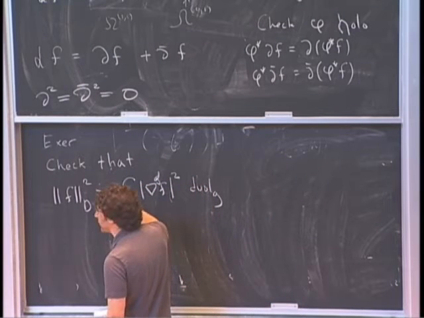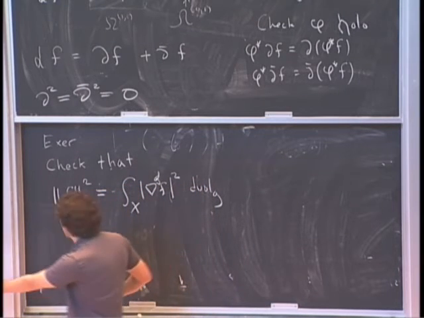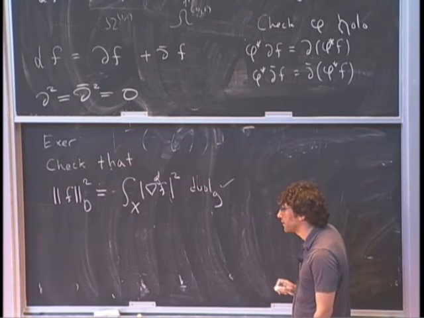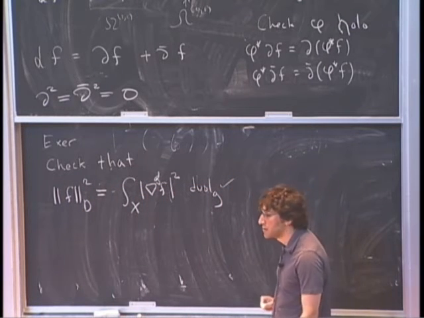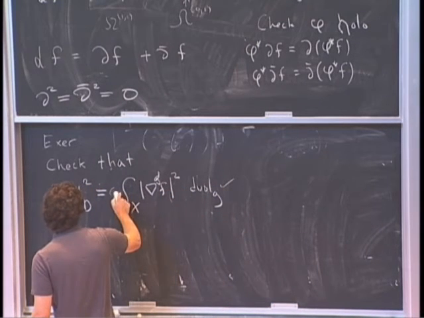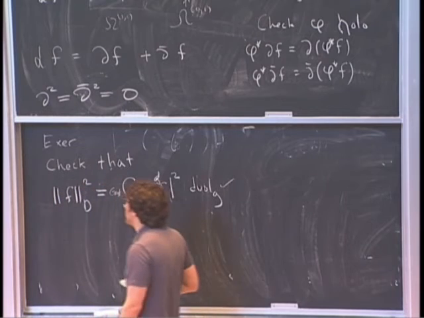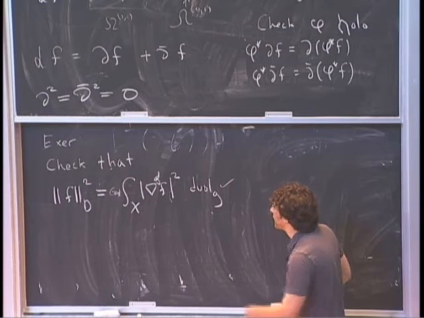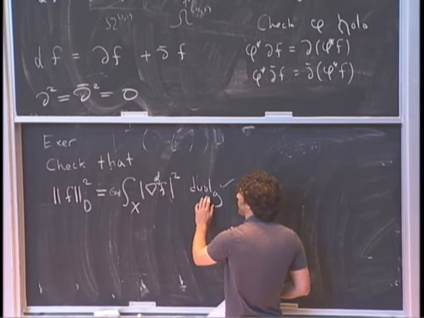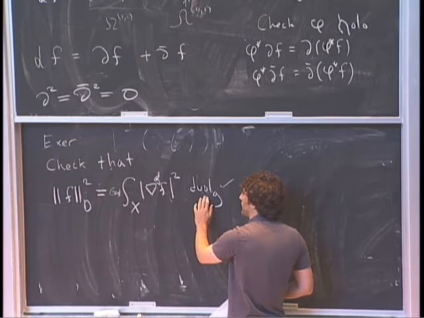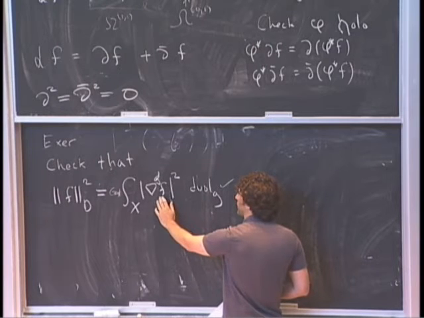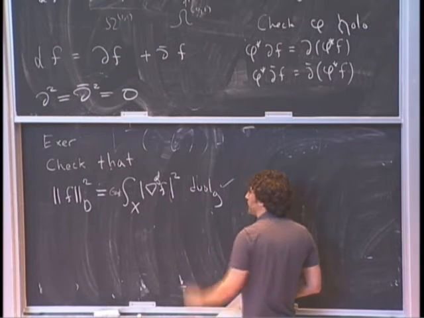I'm a little afraid about this, but this should be true. Everything should be positive, unless I've messed up. So check that, and maybe there's some constant here, but that's just a normalizing factor. If you conformally change the metric, this scales like the conformal factor squared, and this scales like the conformal factor to the -2, so the two conformal factors cancel out.